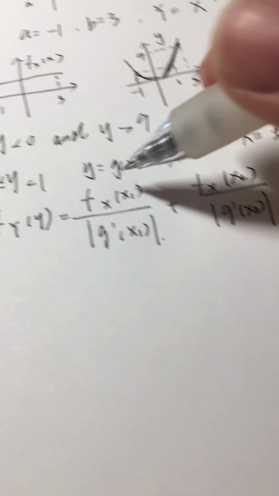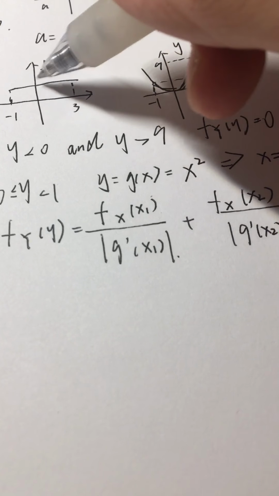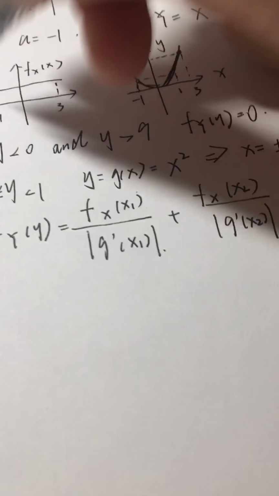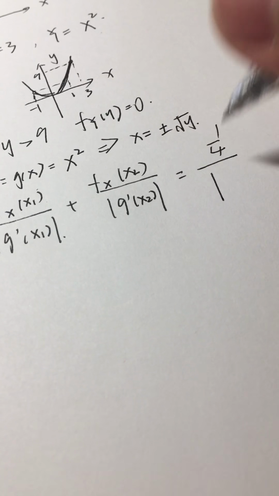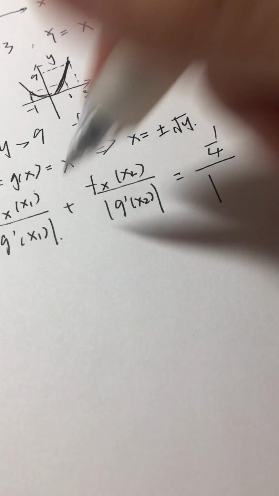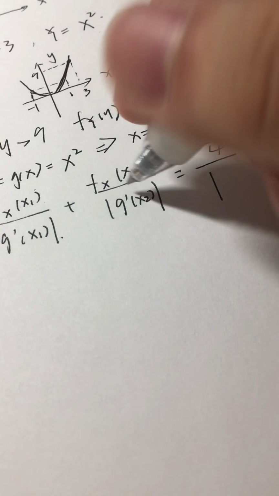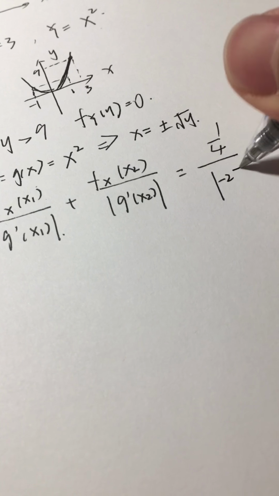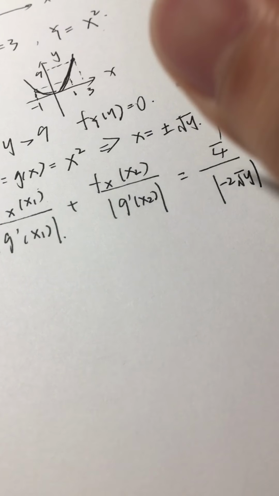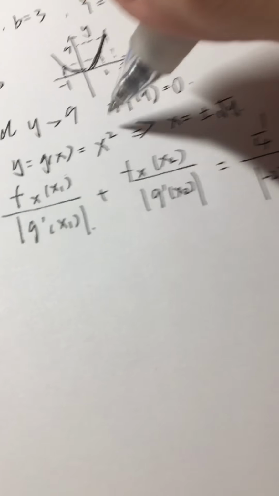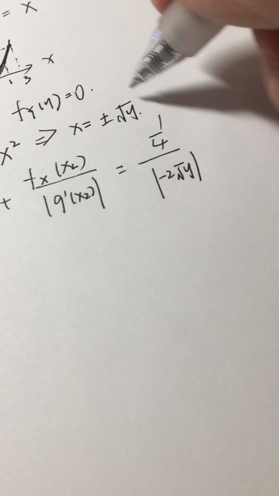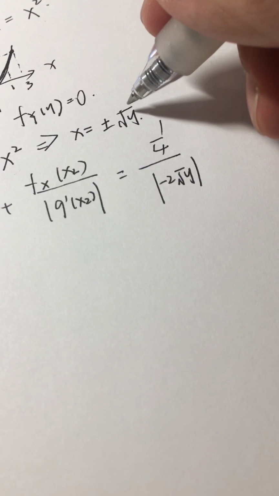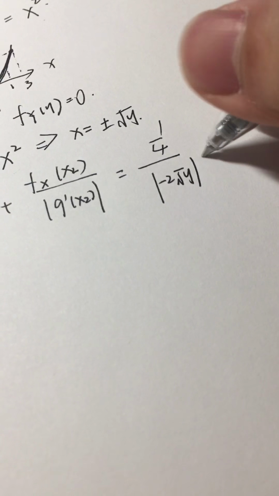This term is 1/4. And we take the derivative of this term because x equals the square root of y, so we get this.